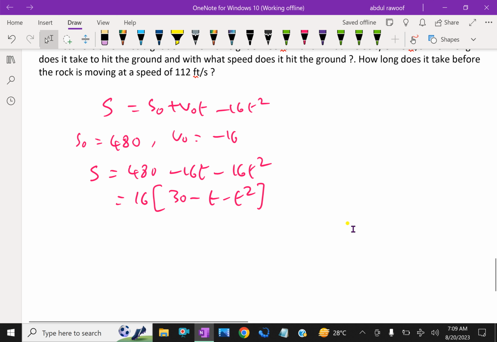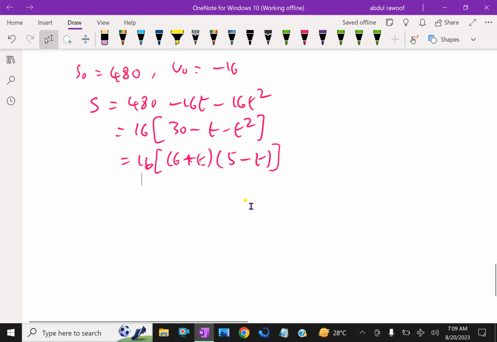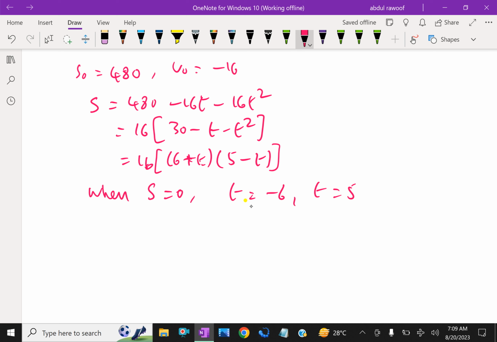Now further we can factorize this. 30 minus t minus t square is 6 plus t and 5 minus t. When s equals 0, then we have t equal to minus 6 and t equal to 5 seconds.